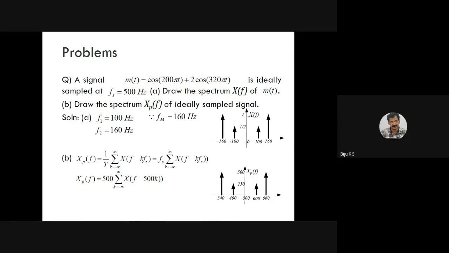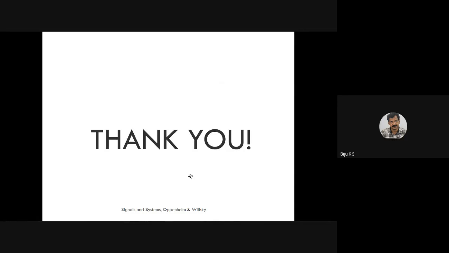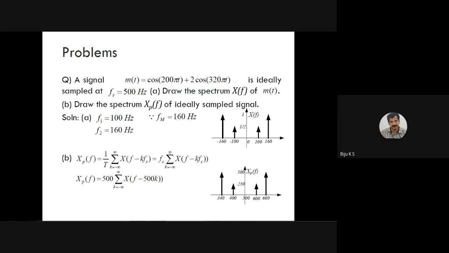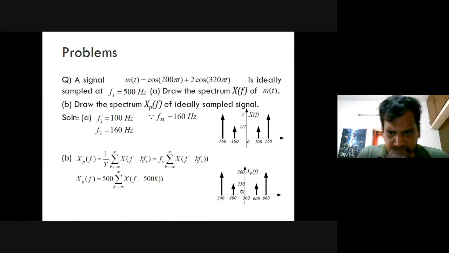Sorry, k times Fs. And what is the frequency of the shifted copies? The spectrum will be shifted by multiples of 500, which is equal to 500 in the first place.